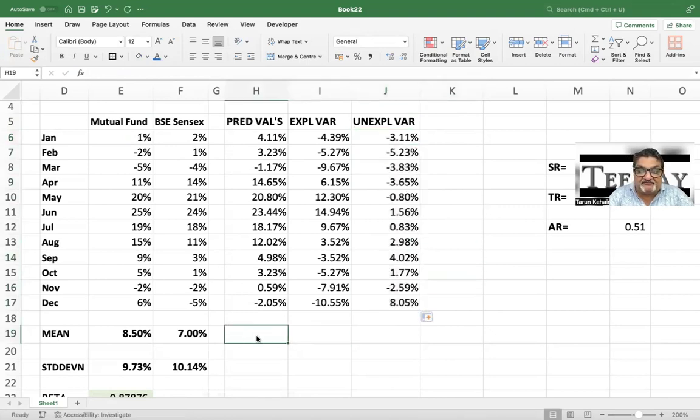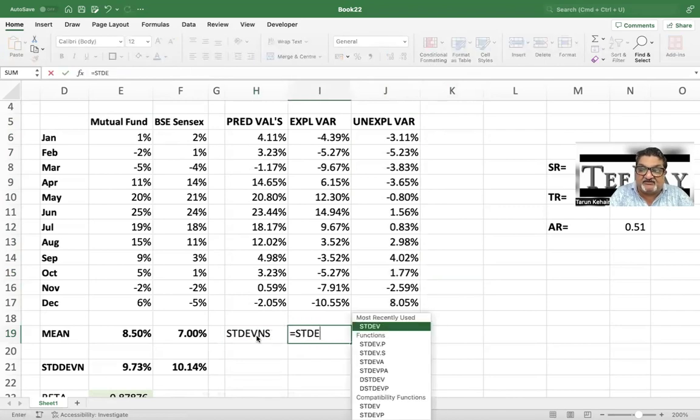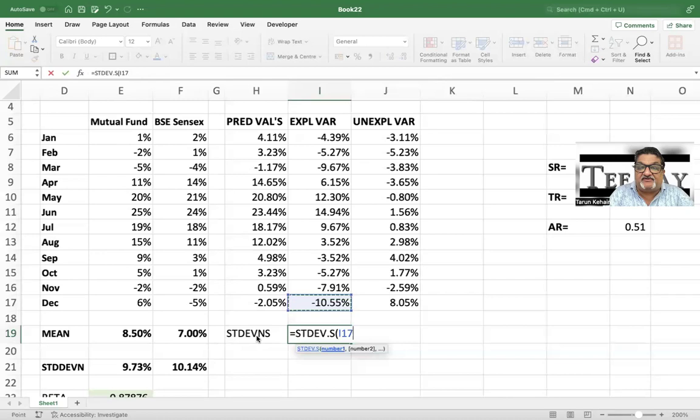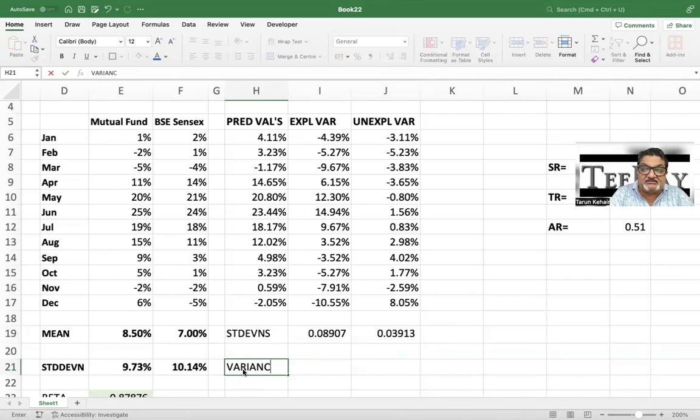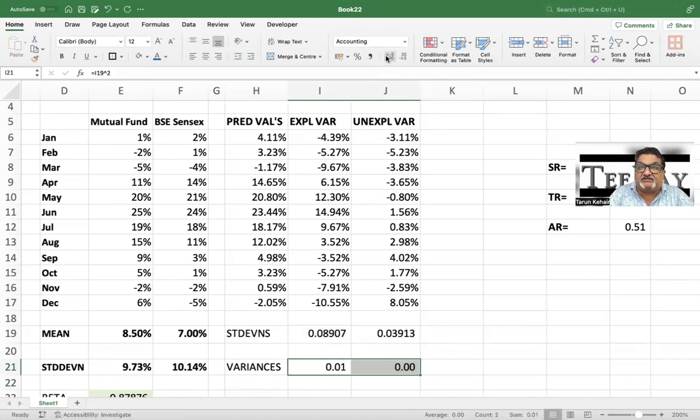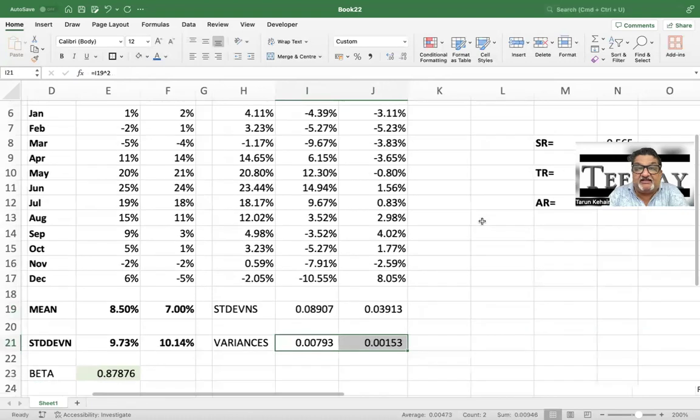Now what we will do, we will find out the standard deviations for this. It's equal to STDEV.S, and we'll see it for both the explained as well as the unexplained. And then we will find out the variances, that is in square terms. And let's see if these numbers ring some bell in our ear.